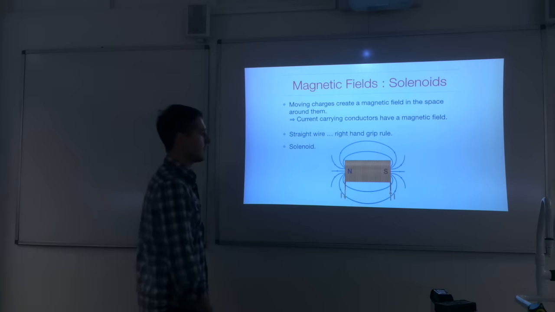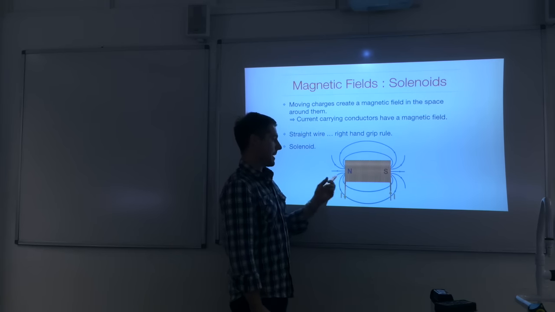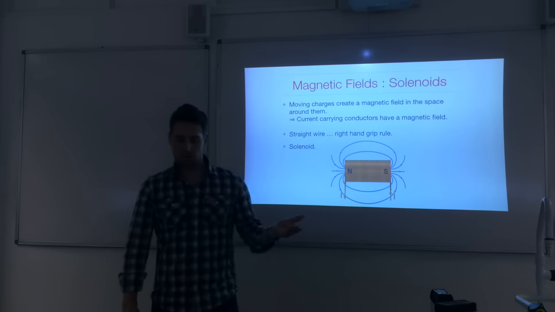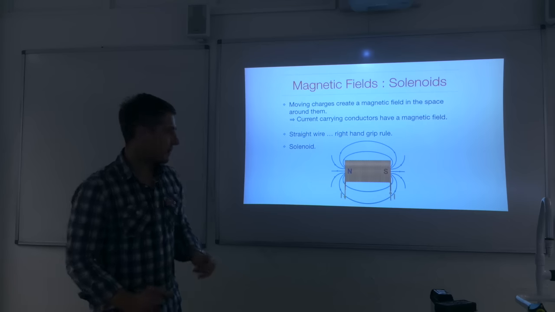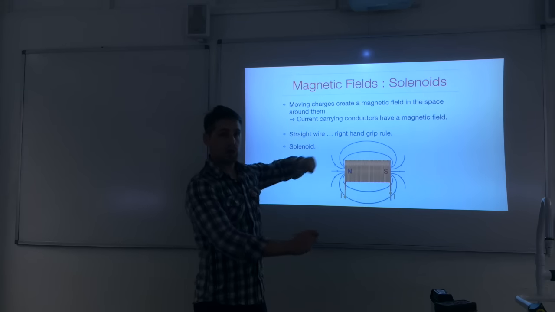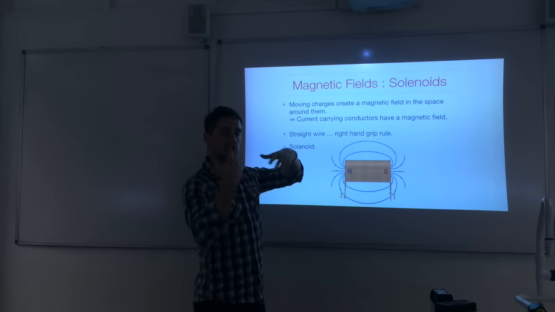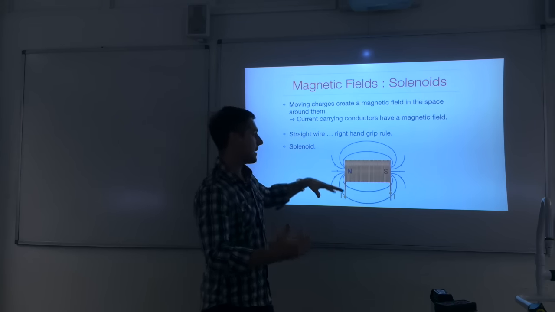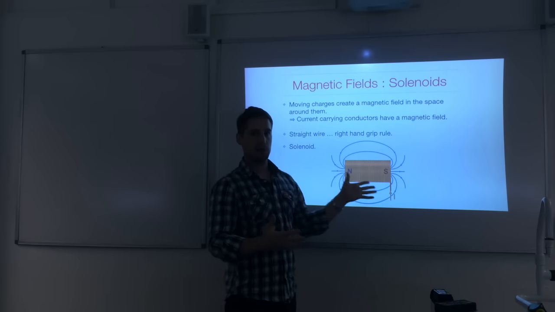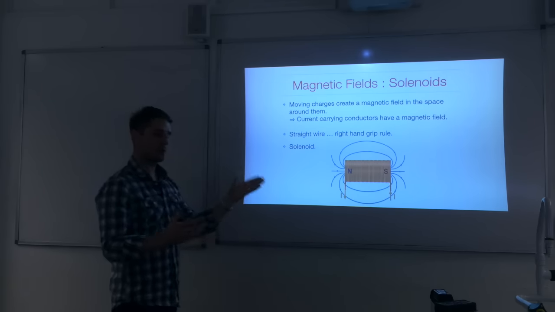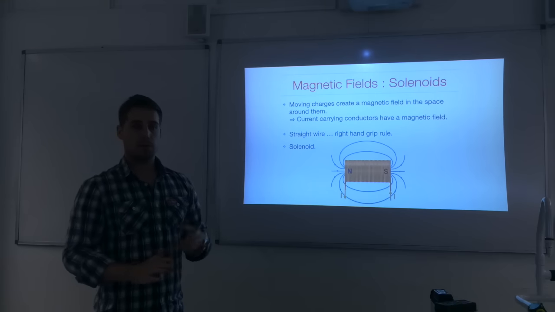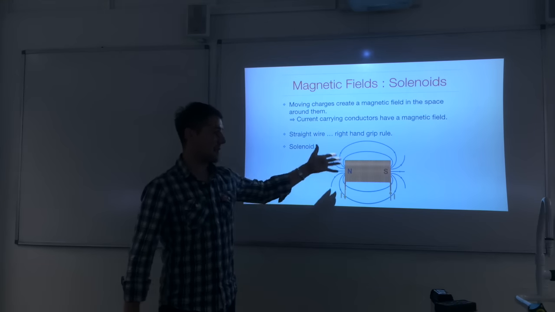I said that it was going to come up again. So you can see this similar field pattern. The reason for that is that this was a straight wire, but I've coiled it up, and that circular field pattern has combined to form this pattern that's like a permanent magnet. So this is an electromagnet.